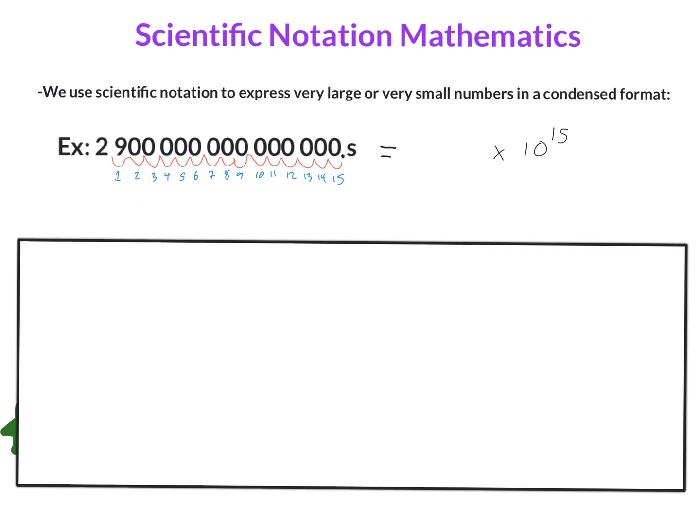And what I can do now is I can take all those zeros away, and I can just write the non-zero numbers with the new decimal point position in place. I can now not forget to write my unit of measurement.